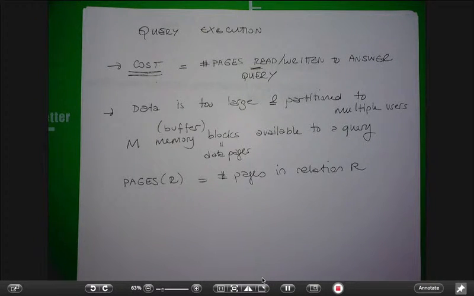So for example, when you are executing a sequential scan, do you read all the pages all at once into memory? Or do you read one page, process what you want, and then read the next page? How would you do a sequential scan?